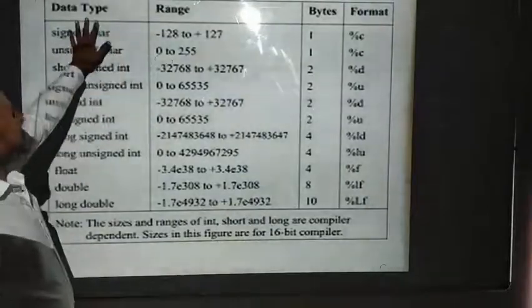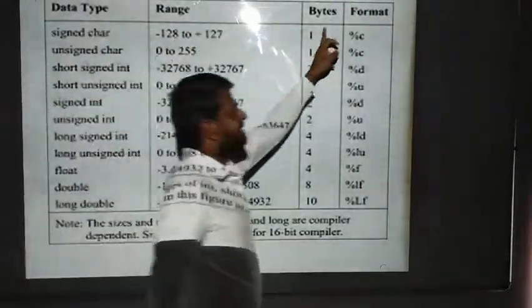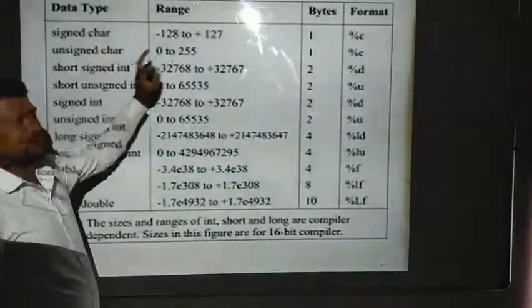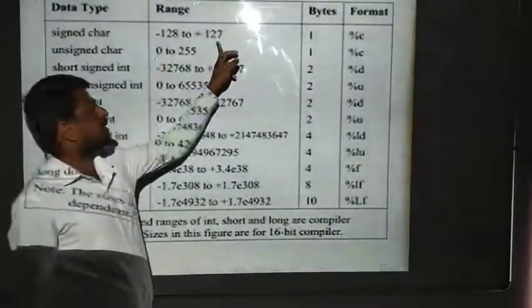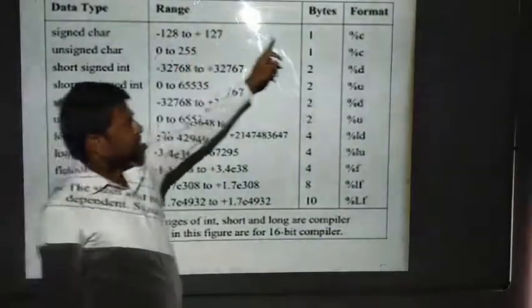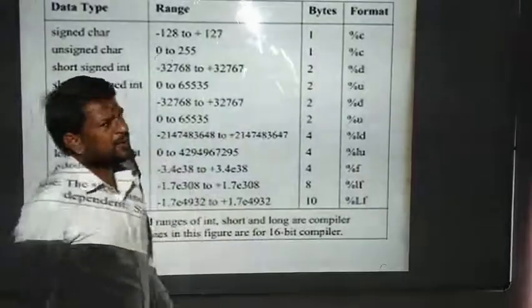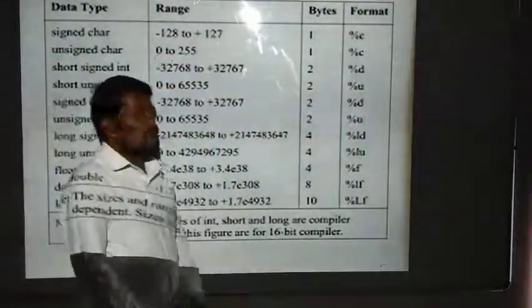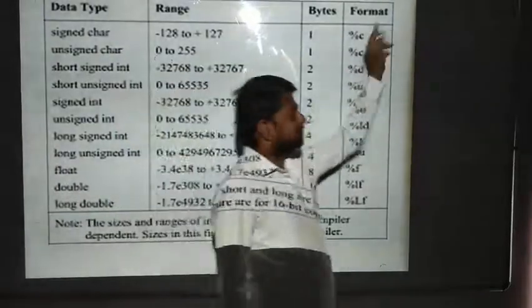Here you can see data type, range, bytes, format. Signed character: minus 128 to plus 127. Bytes: how much? 1 byte of memory is occupied for signed character. What is the format specifier here?